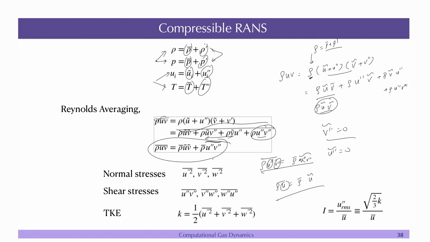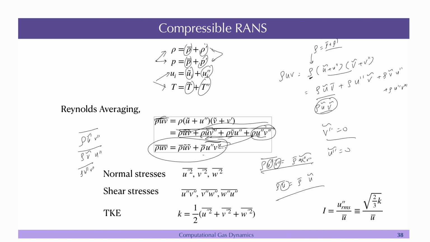So, then we will have rho bar u double prime v double prime tilde, right. Once again just to clarify it. We have this quantity and we take the normal time averaging. Once you do that, you will have rho u tilde v double prime bar, rho v tilde u double prime bar, and then rho u double prime v double prime bar.